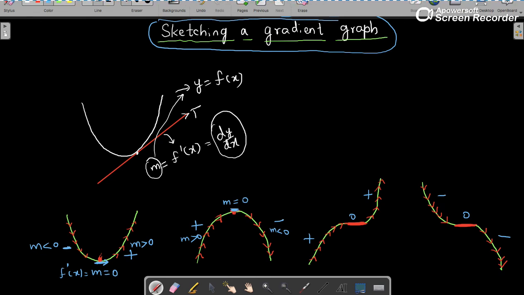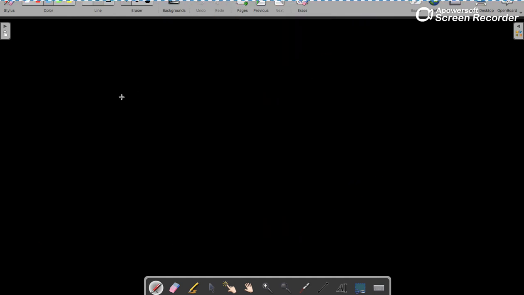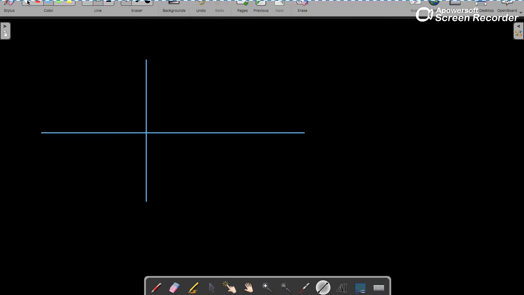So let us see how these concepts, the slope of the tangent of a curve y is equal to f of x being f dash x, would help me in the key aspect of graphing a gradient graph. Coming to the next page, I take an axis. This is the y-axis, this is the x-axis.